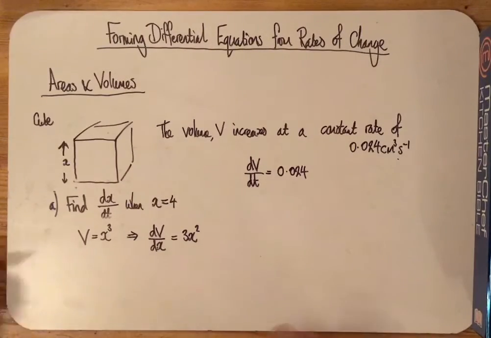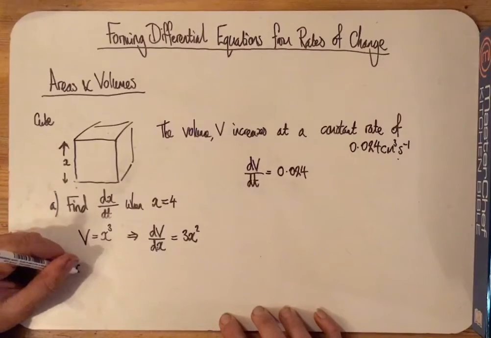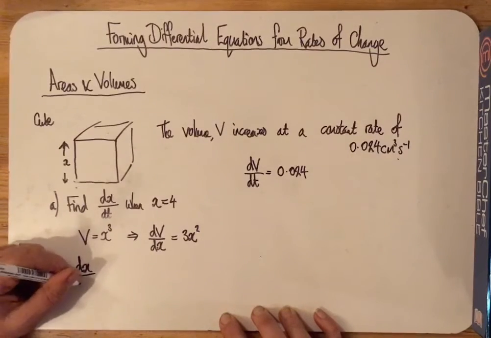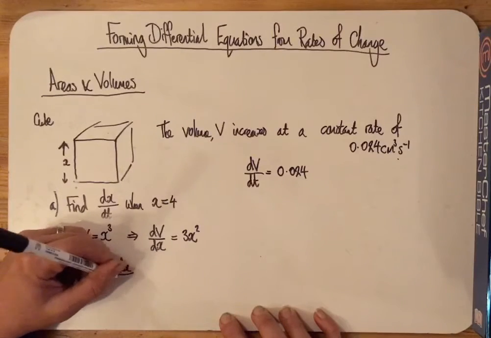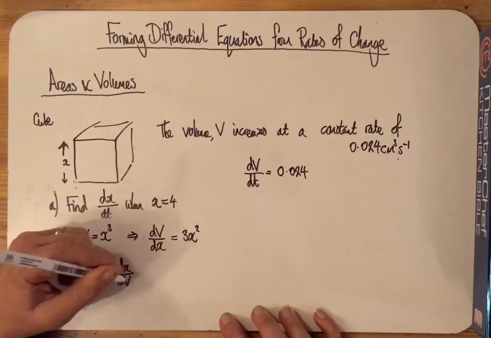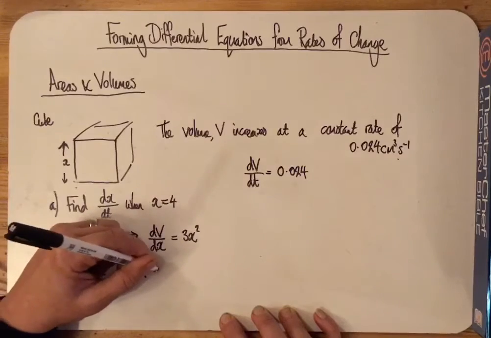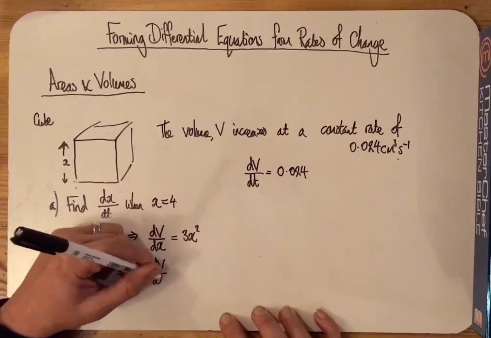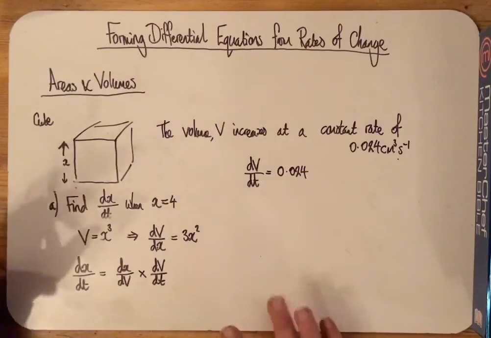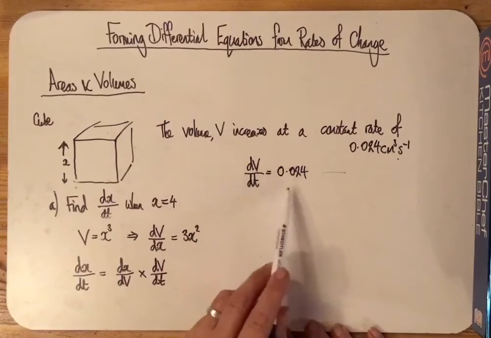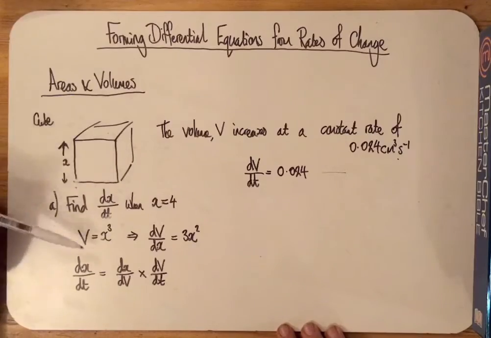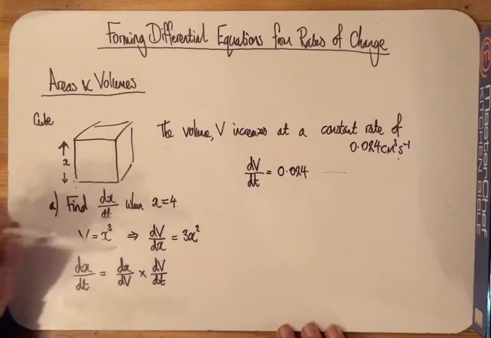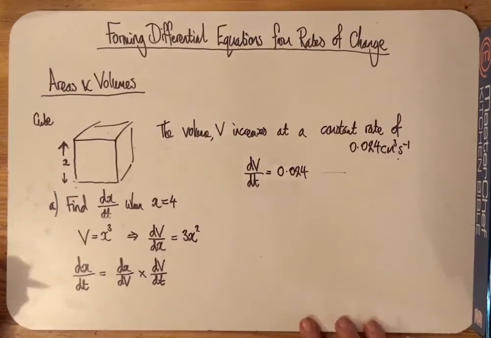I hope you've got the hang of that from that first sheet. So dx/dt is equal to dx/dV times dV/dt. The two changes here are writing down an expression for the volume and differentiating, and then you slot it together.